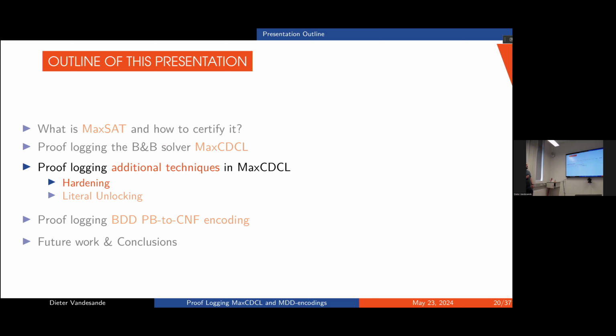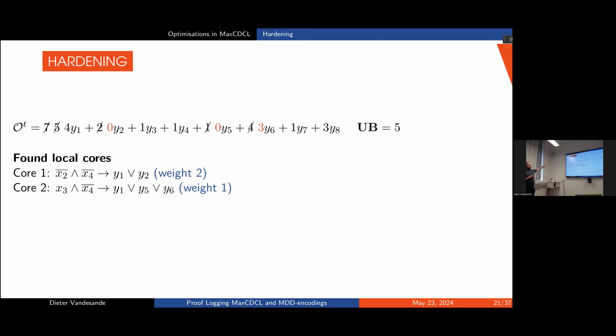First of all, hardening. So suppose we are in this case, we have performed look ahead. We have found these two cores. We have an upper bound of 5. So we cannot find any other core at this moment. Well, at that moment, we can still see that if we would assign y6 to be true, then we get a lower bound that's greater than or equal to the upper bound.